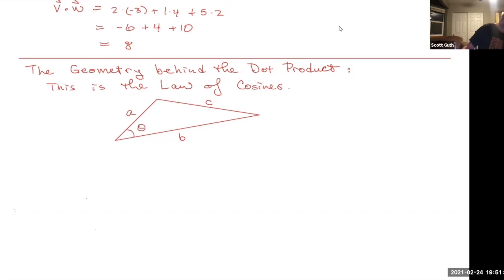And the law of cosines just says that C squared is A squared plus B squared. So that's Pythagorean. And then if it's not a right triangle, then there's another term: minus 2AB cos theta.